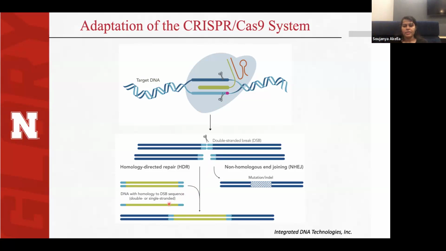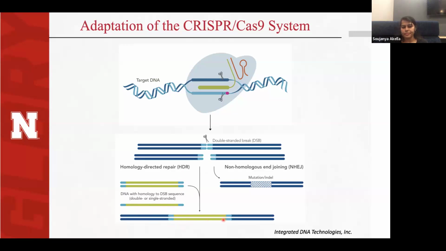So ideally what will happen is the cell's repair machinery, if there's one of these donors floating around, it'll grab it, it'll use this as a template, and repair that break by using the template, which means whatever is in between those light blue areas, which is green here, will get incorporated in your DNA sequence.